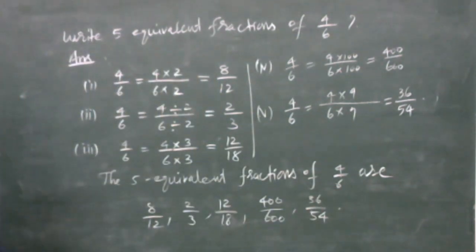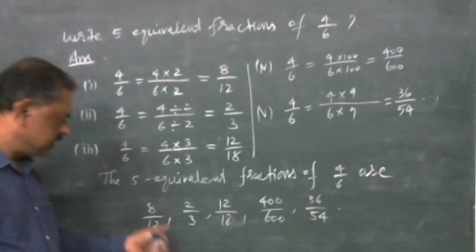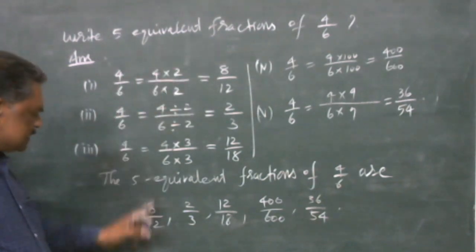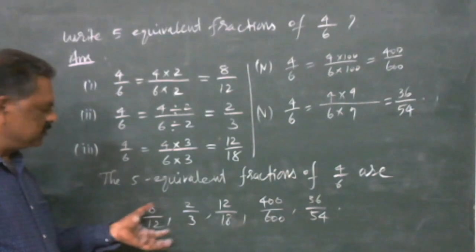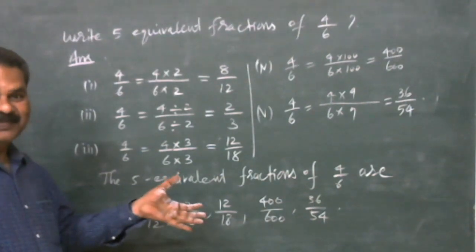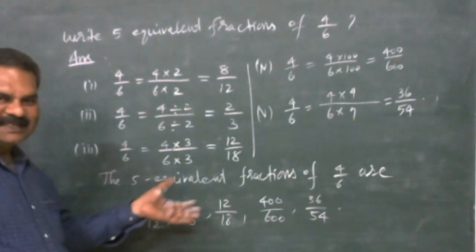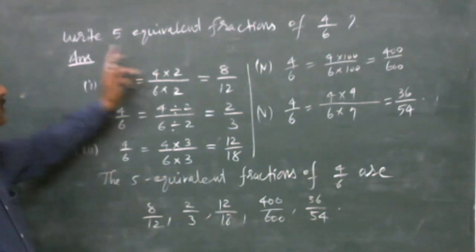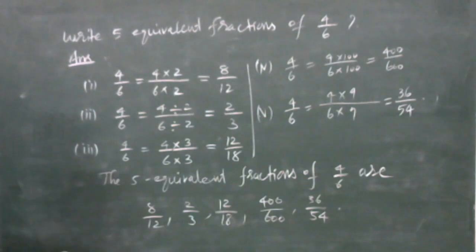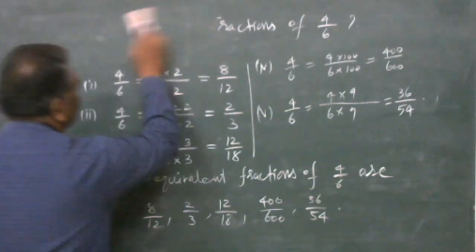So this is a very important concept. The same 4 by 6 is equivalent to 8 by 12, 2 by 3, only the pieces are more, the quantity is the same, but the number of pieces is different.